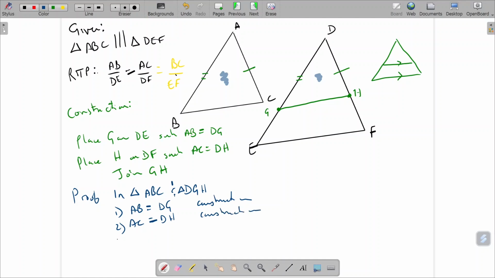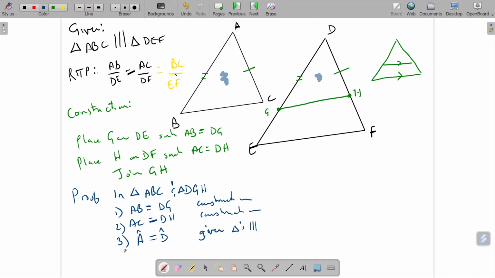And I need a third fact, which is either a side or an angle. But since I know nothing about the length of GH, I'm going to move on to looking for an angle. And I need to look at the included angle. And we know that angle A equals angle D because it was given to us that the triangles were similar.